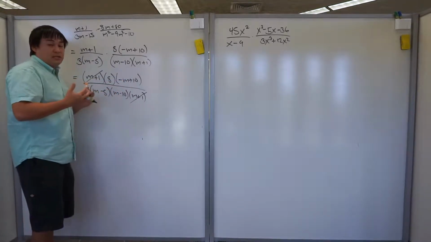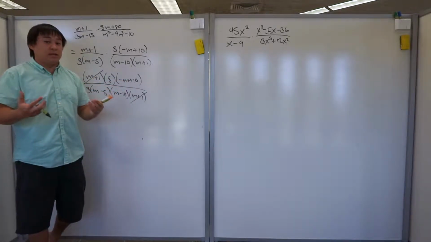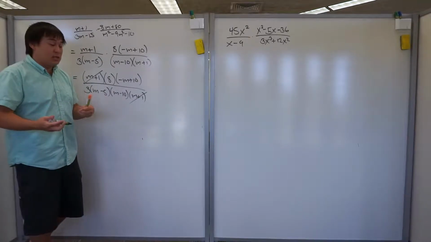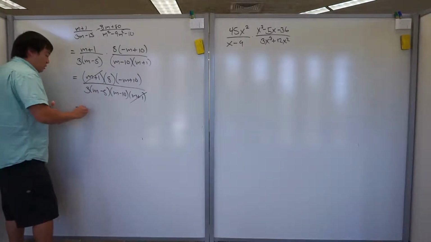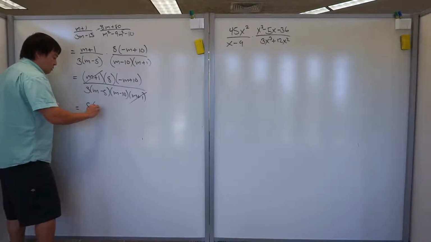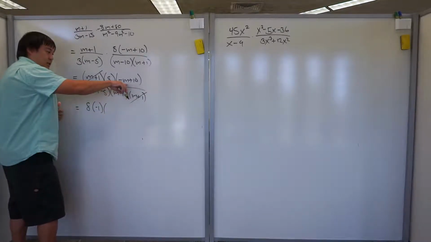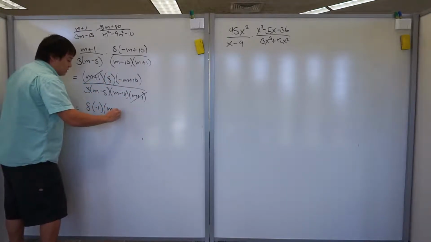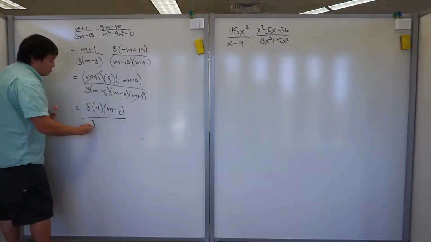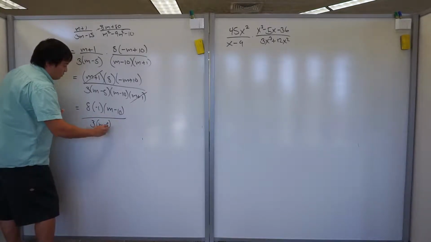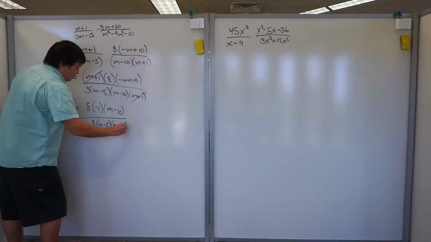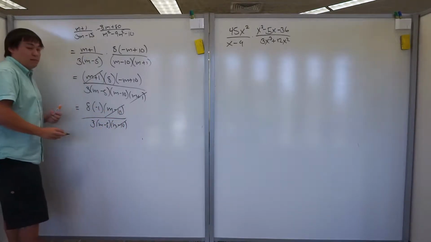What I need to do first so that you can see it is pull out a minus sign from the top, or the numerator. So if I factor out a minus sign from here, you get m minus 10, because it changes the sign. And now these cancel.